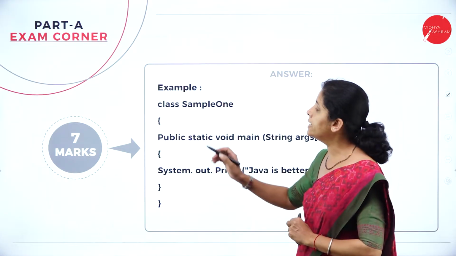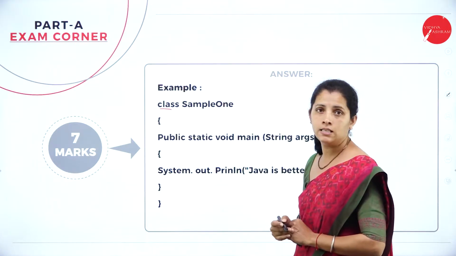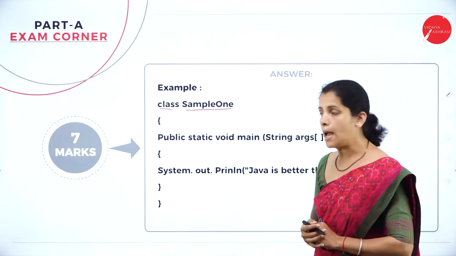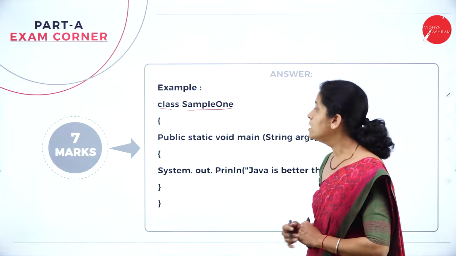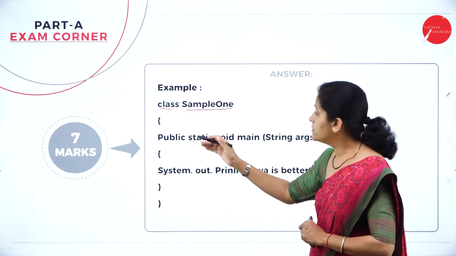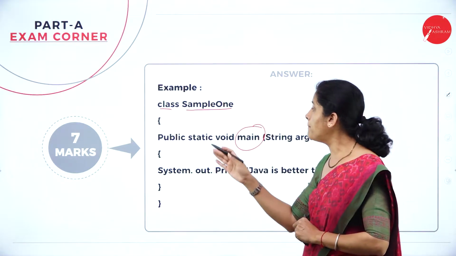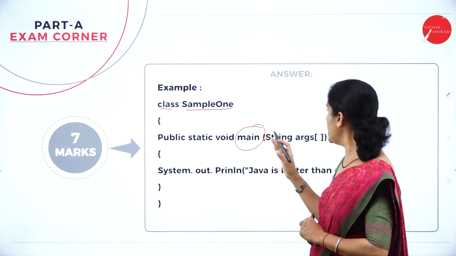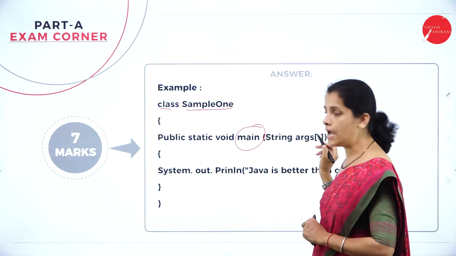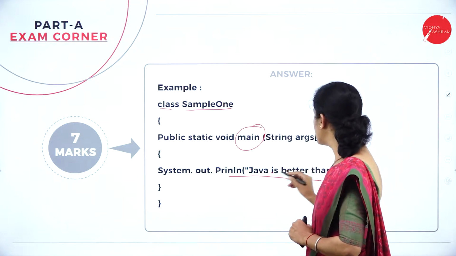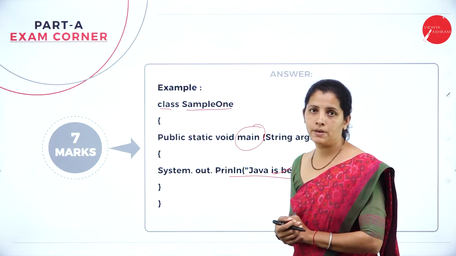So dear student, see, class is a keyword, and what is my class name? That is Sample1. Now, in my program, see, this is the main program, and public static void main String args, and I'm going to print Java is better than C++.